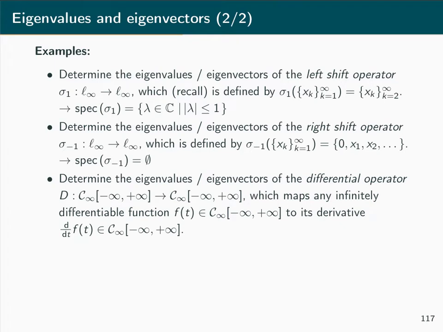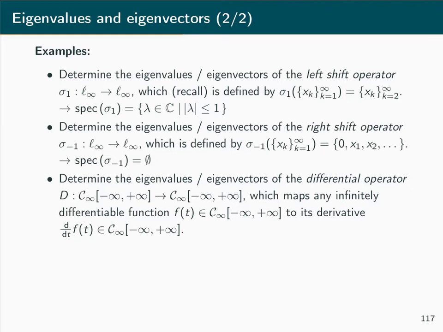As a third example, we determine the eigenvalues and eigenvectors of the differential operator, which we denote by a capital D, and which maps from the space of infinitely continuously differentiable functions to the space of infinitely continuously differentiable functions.